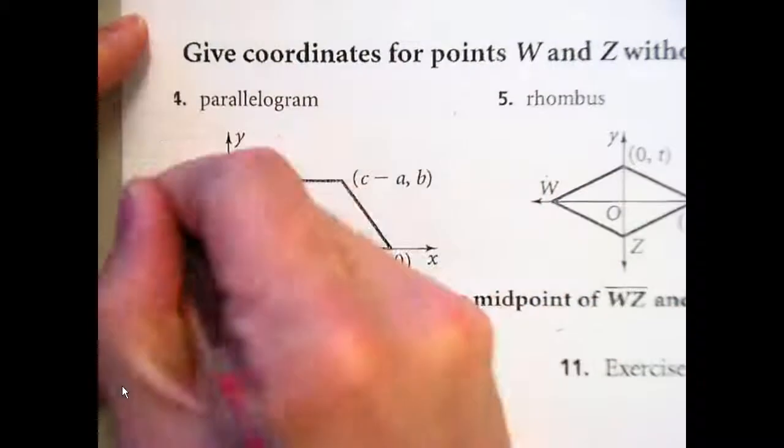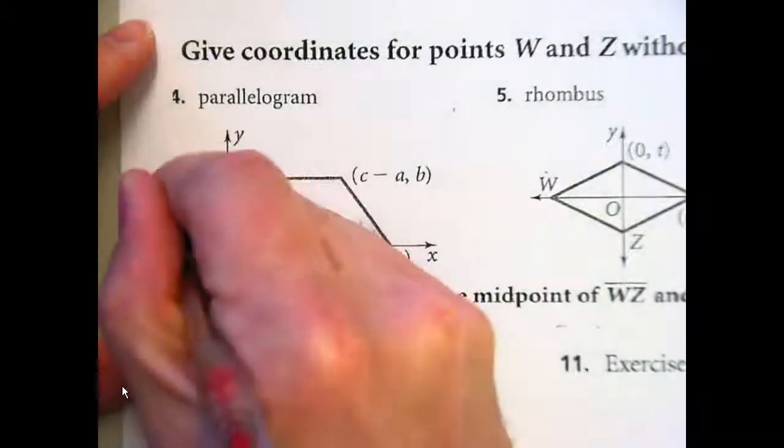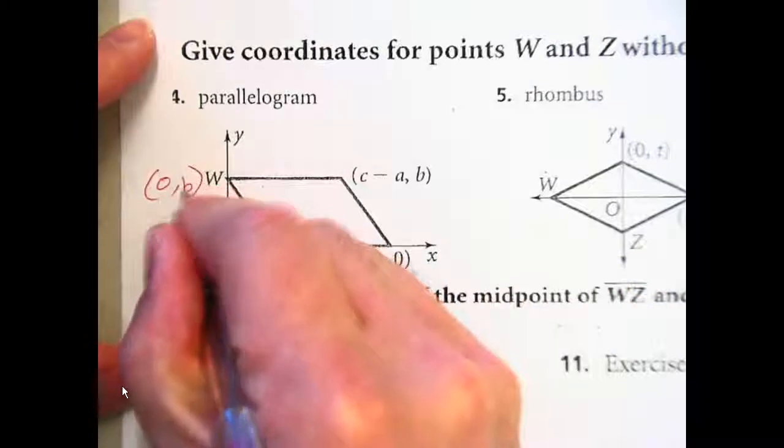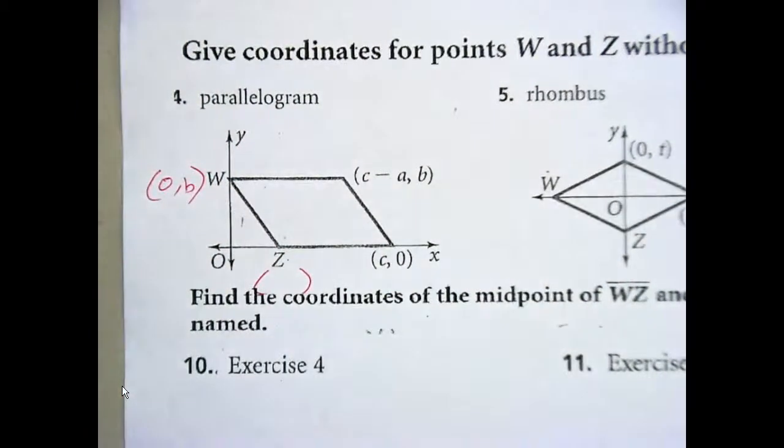Hey, let's go with W first. What's W? 0B. All right. Hey, Z's a little tougher. Brennan? What'd you say it was? A minus C, 0.